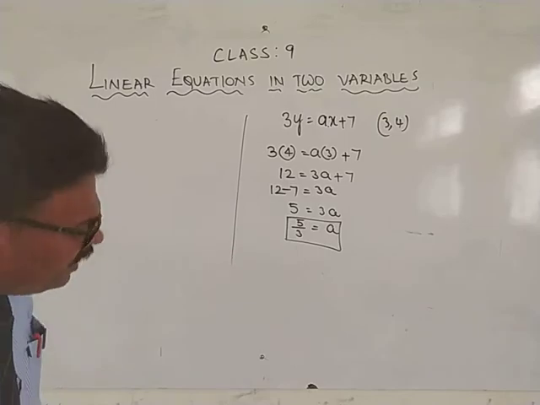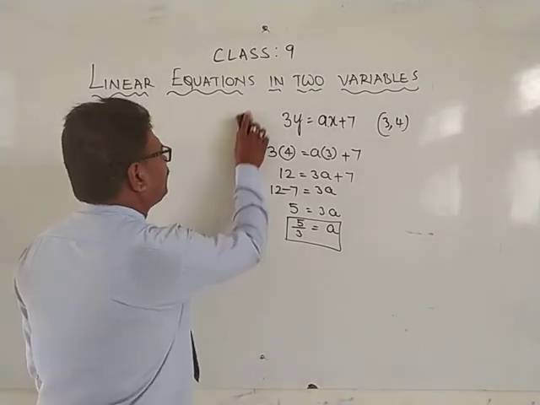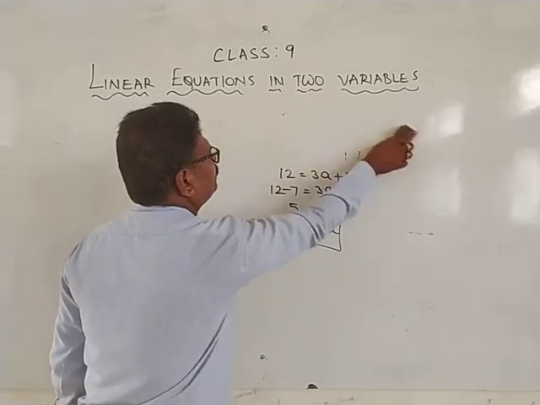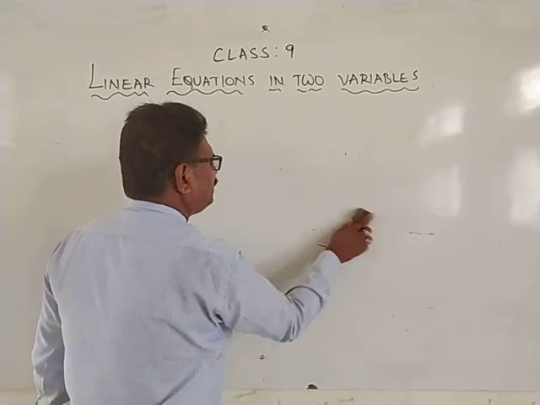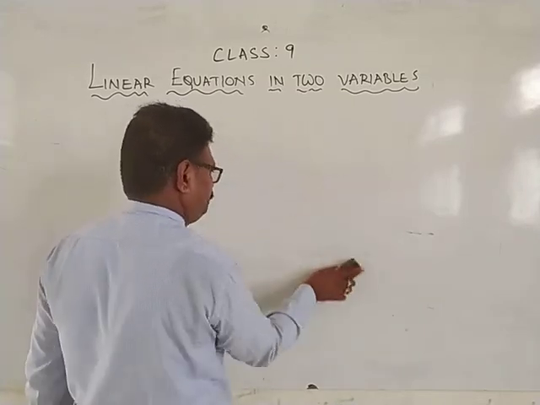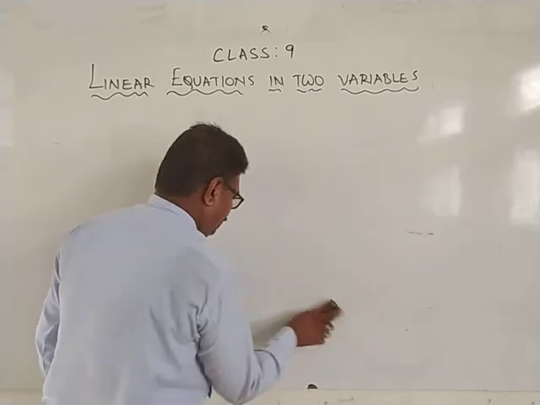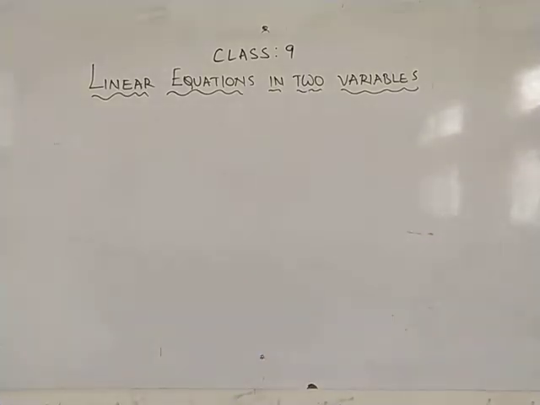Next question is a little bit different. Please understand the problem. In a city, there is a fixed charge for 1 kilometer. Therefore, we take like this.